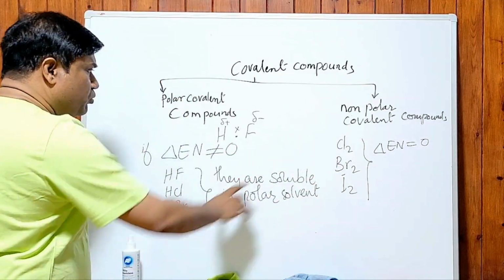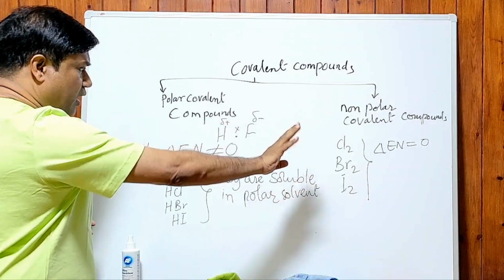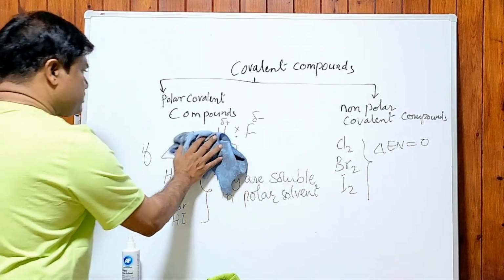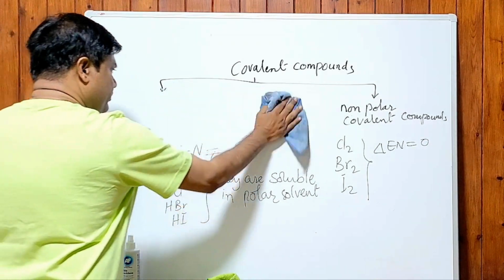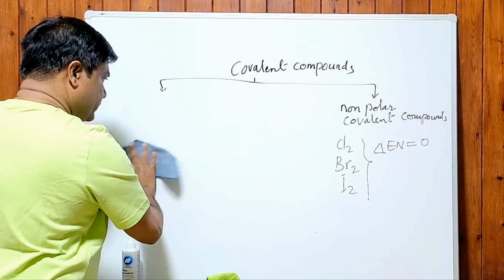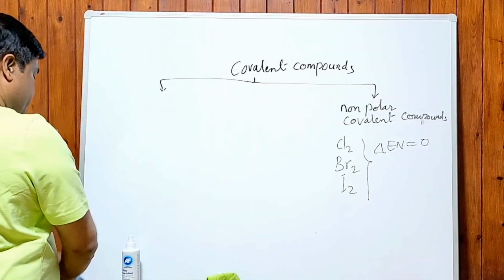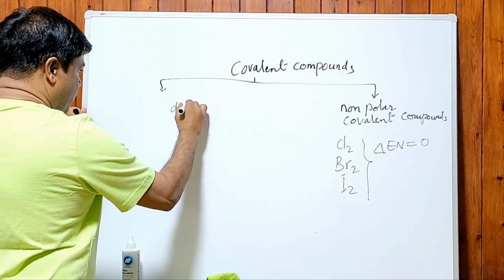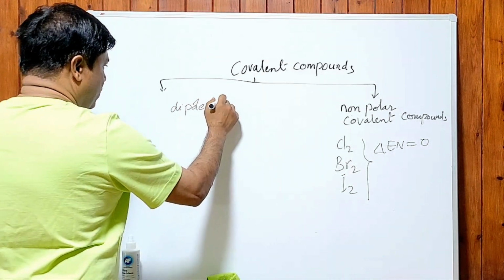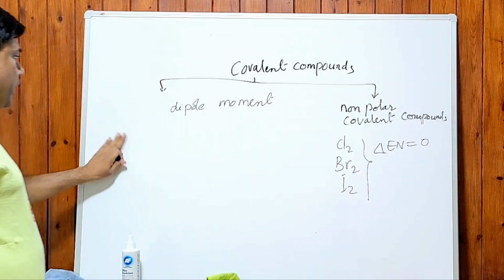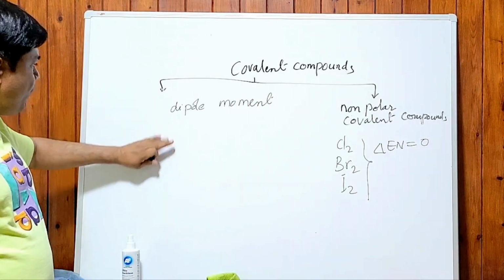Do we have a dipole moment in non-polar compounds? No dipole moment. There's no charge separation. But here we have a charge separation. Now the dipole moment, how do we measure it?